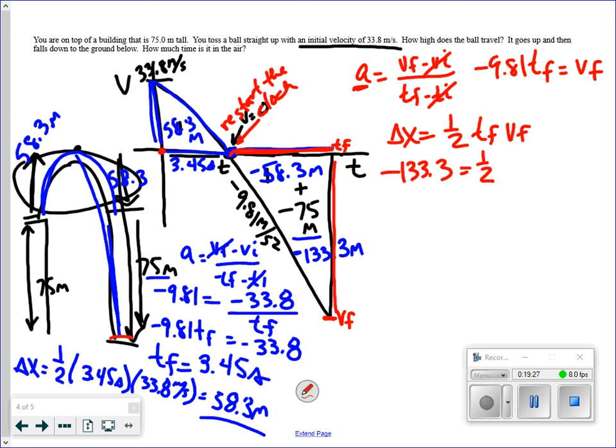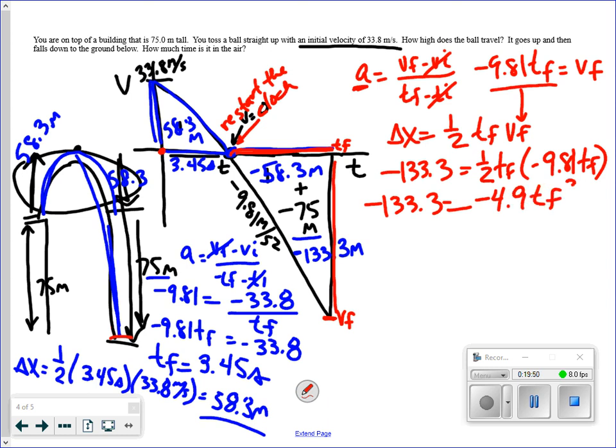Now, I'm going to take this and I'm going to substitute it in. So we've seen this before. This is not new to us. 9.81 TF. Now, it's completely up to you whether you want to move the 2 over or you want to multiply the 1/2 across. I am going to multiply the 1/2 across in this case, so negative 4.9 TF squared.